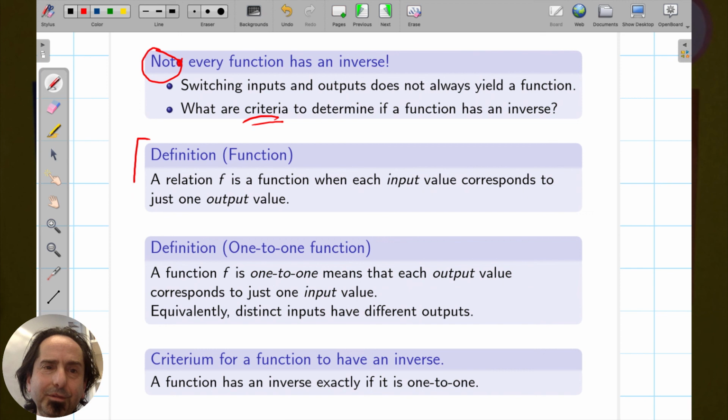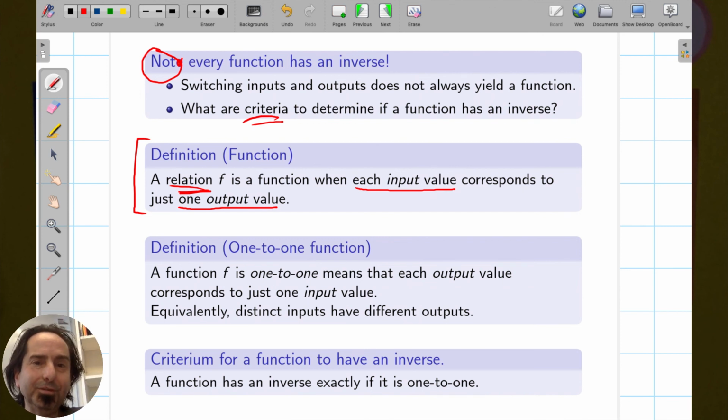So let's go back to the definition of a function. The definition is that a function is actually a relation, but the condition is that each input value has just one output value. So if we take a relation, we can certainly change the domain and range. We can reverse the arrows, and we'll get a relation which is actually called the inverse relation.